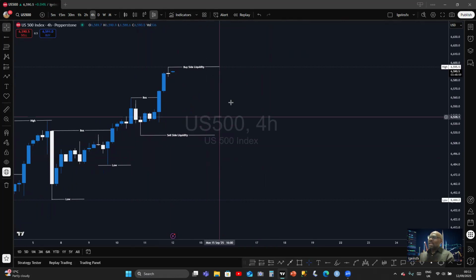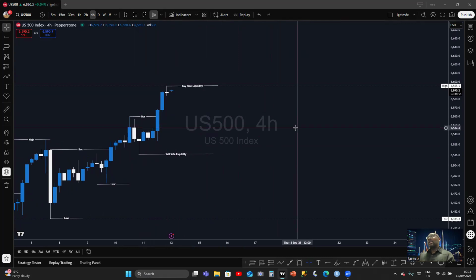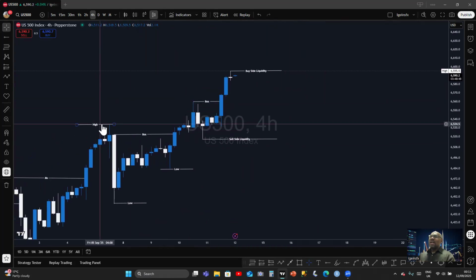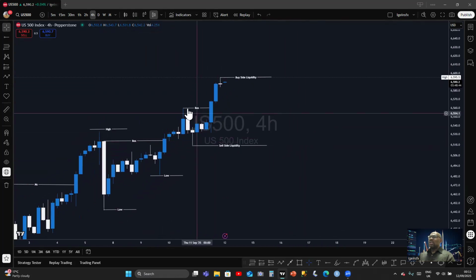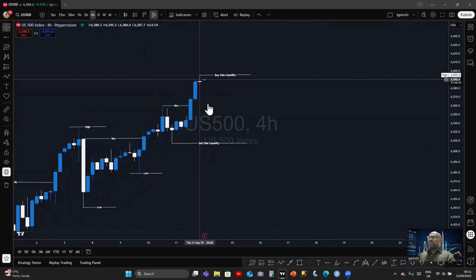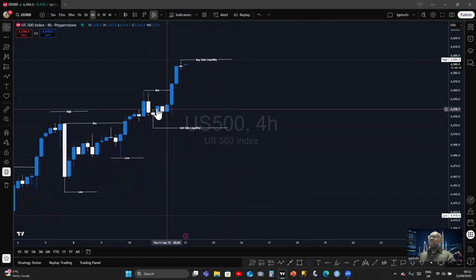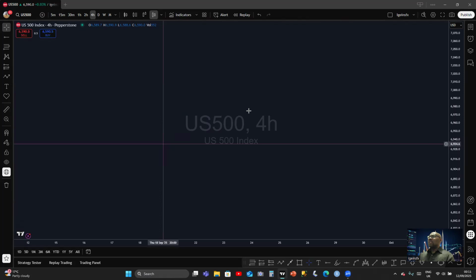We have it at the support side. Where do we have the buy side liquidity? We have it at the resistance side, at the resistance level. As simple as that. So you must know how to read structure, guys. It's very important. You know when there's a break of structure. Now that there's a break of structure, what really caused the break of structure? That will now take us to the next point.